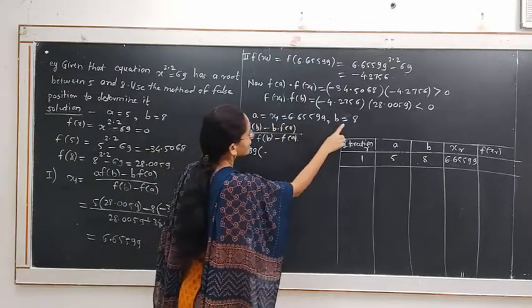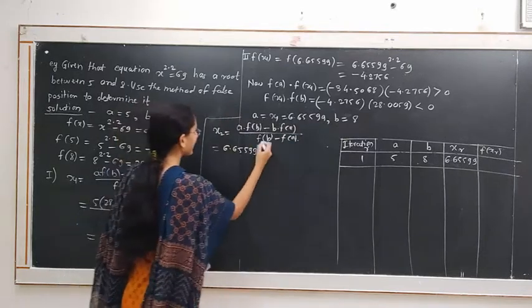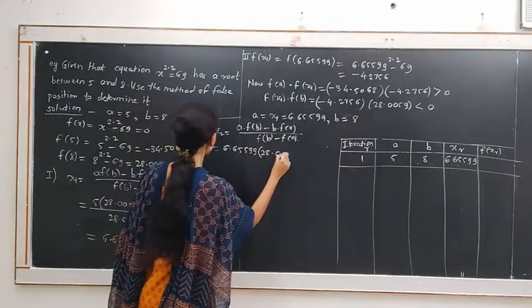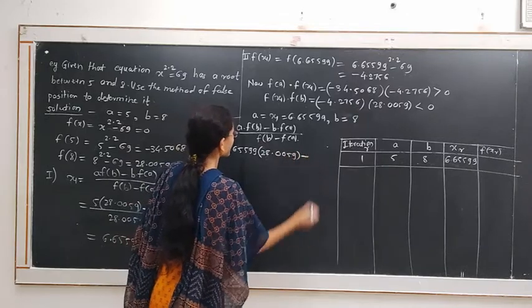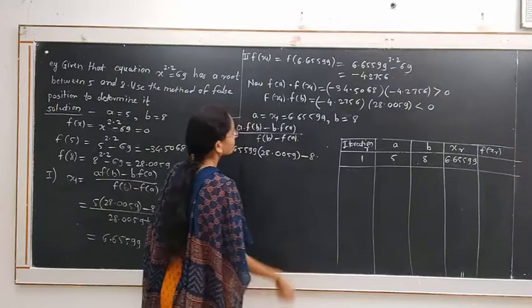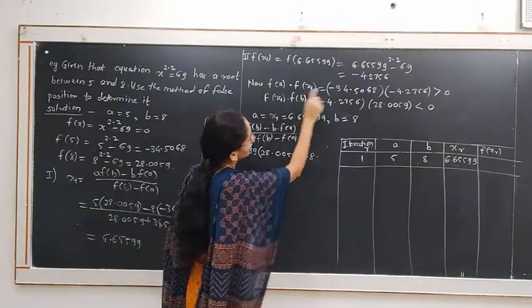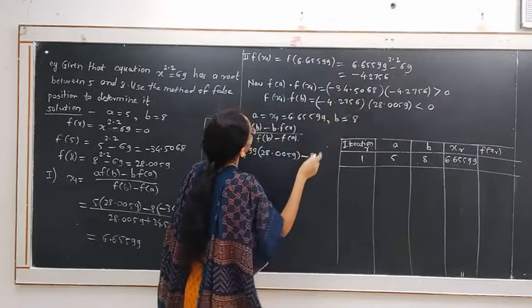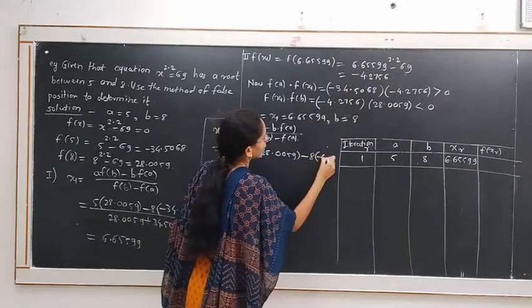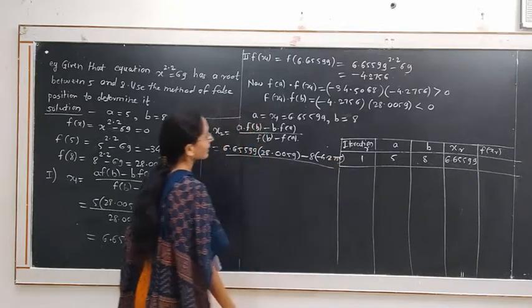In this case, b is equal to 8 and f of b is 28.0059, minus b into f of a. In this case, b is 8 into f of a, meaning f of x1. f of x1 value is given by minus 4.2756, divided by f of b minus f of a.